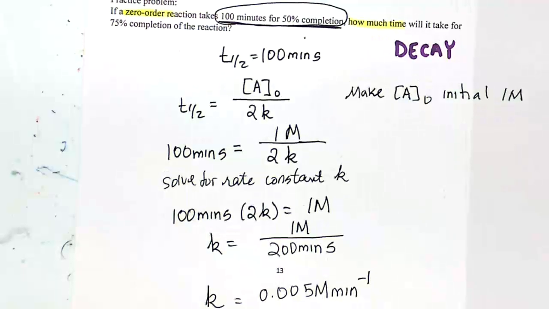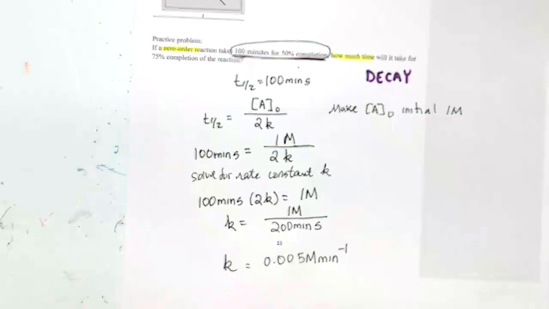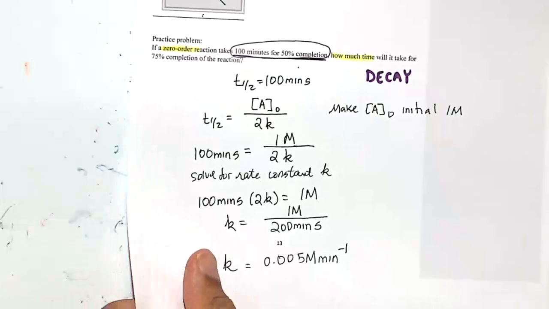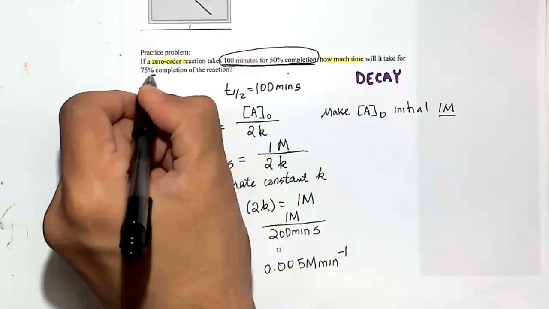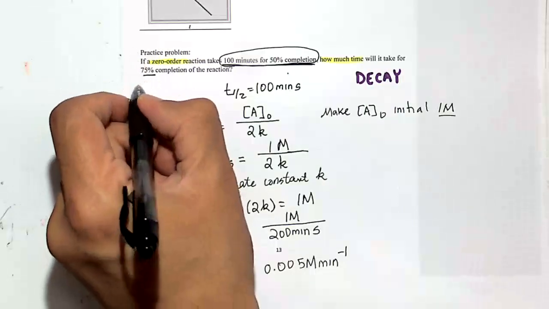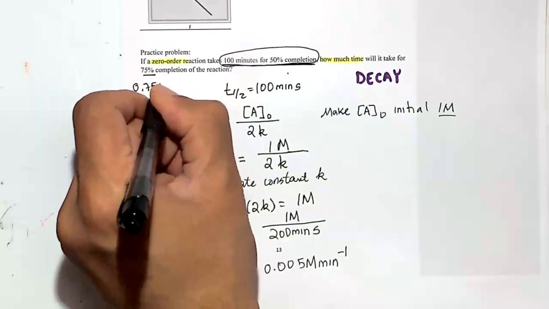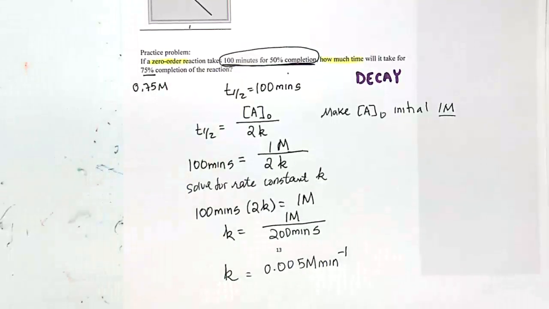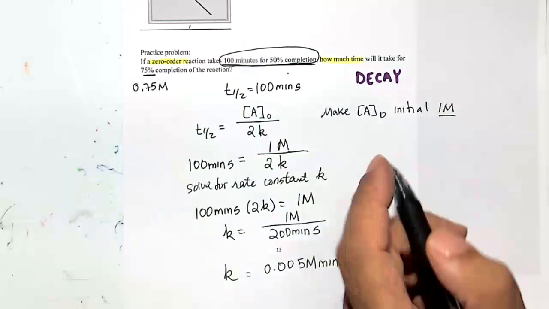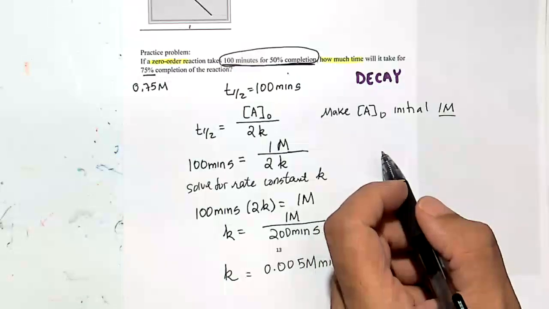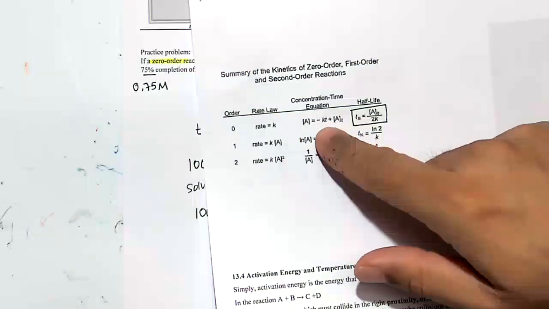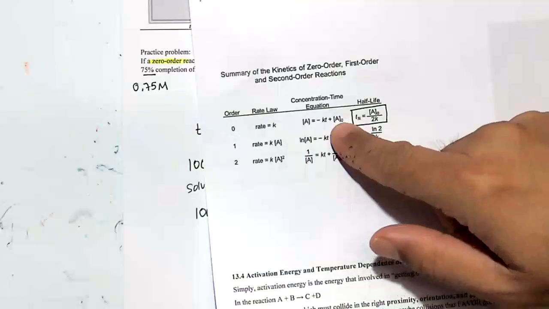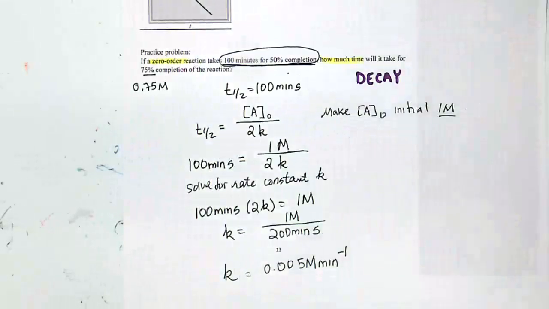So from my half-life, I was able to calculate K. The initial concentration is 1, and then how much time will it take for 75% completion? I'll call that 0.75 M. Now let's use this equation for zero order: concentration of A equals A naught minus KT.